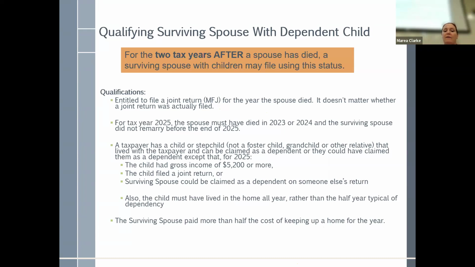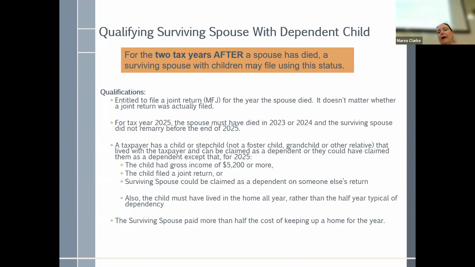All right. They have to have a qualifying dependent to be able to use this status as well. It's either a child or stepchild that lives with the taxpayer, or someone else that could be claimed as their dependent. And in this one in particular, the child must have lived with them the entire year rather than just half of the year.